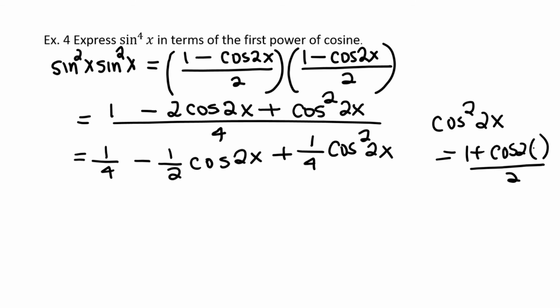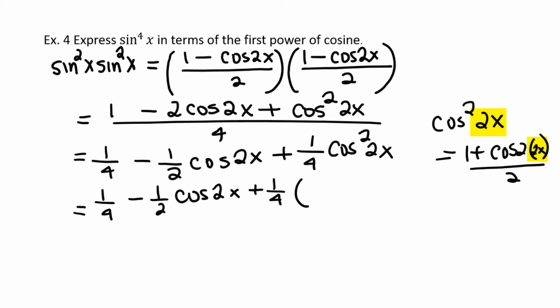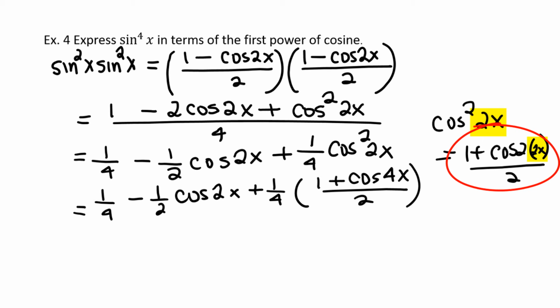And where the x was, we'll just put in 2x. Now we clean it up a little bit, and we get 1/4 minus 1/2 cosine 2x plus 1/4 times, and the cosine squared 2x can be replaced with 1 plus cosine 4x divided by 2. The 4x because we did the cosine of 2x.